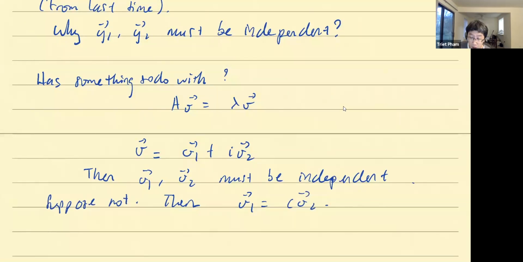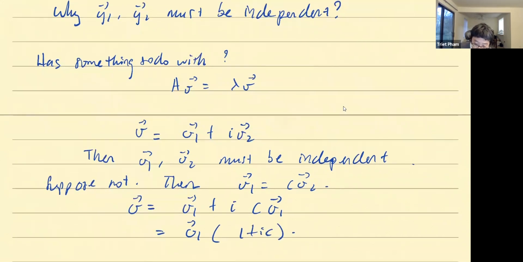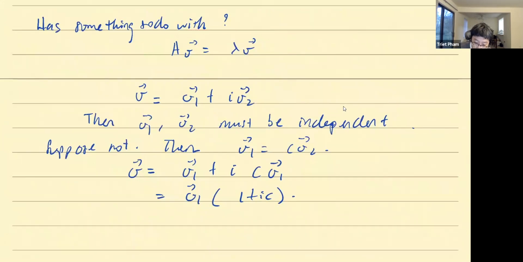If you plug that in, then V will have the structure V1 plus i C V1, which would be V1 times (1 plus iC). Then plug that back into the eigenvalue, eigenvector structure. You got something like A times (V1 plus iV2), which would be lambda times V1 times (1 plus iC).